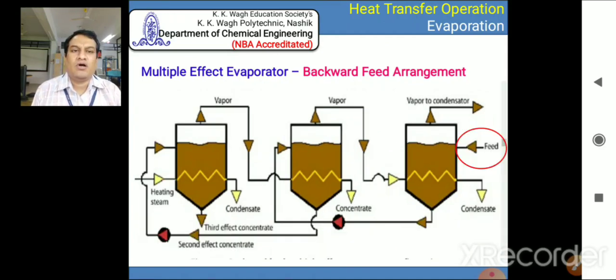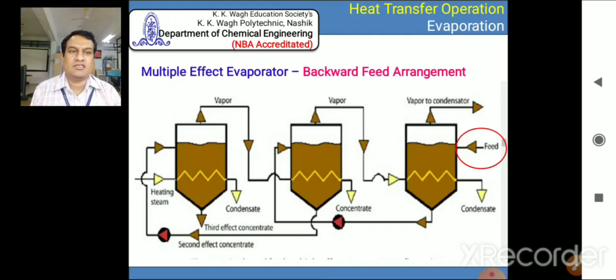Now we know how the functioning occurs in the evaporator body and what the forward feed arrangement is. Now with the help of this schematic, we can easily understand how the backward feed arrangement is. So forward feed means parallel, that is from first to second, second to third, because the steam direction is the same.